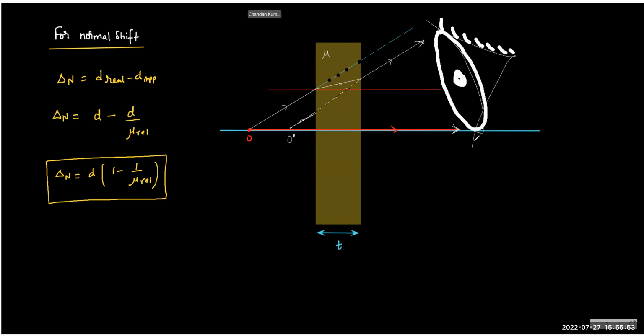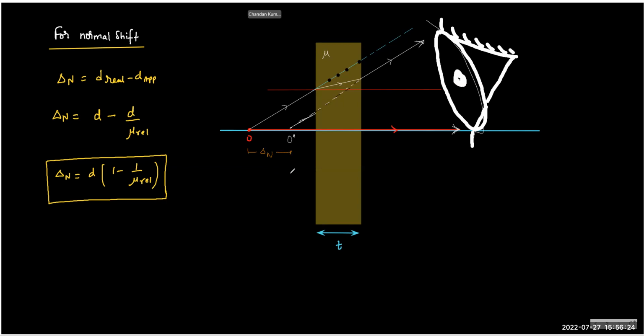For this eye, the light rays will enter and that is where the image position will appear. So anyone looking from the other side will always see the apparent position, and the displacement is called the normal shift.